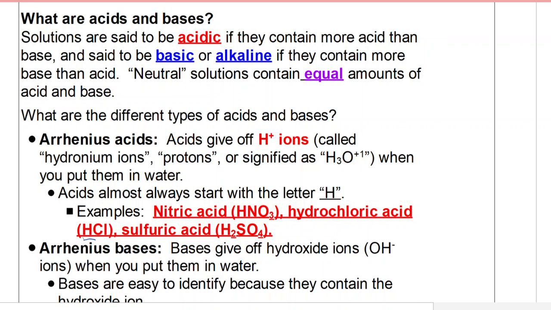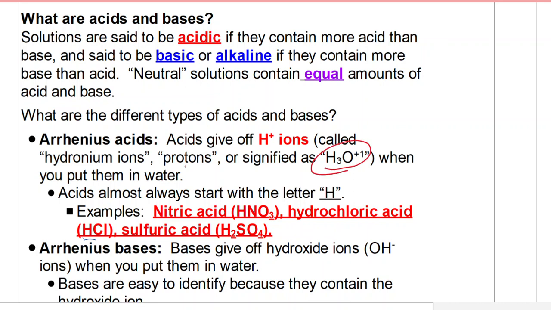So the first thing we're going to take a look at is the very first definition of an acid and a base, and that was by a scientist named Arrhenius. He defined acids as substances that give off H+ ions. Now, just as a vocabulary thing, sometimes we refer to H+ ions as hydronium ions, which is H3O+, or as a proton.